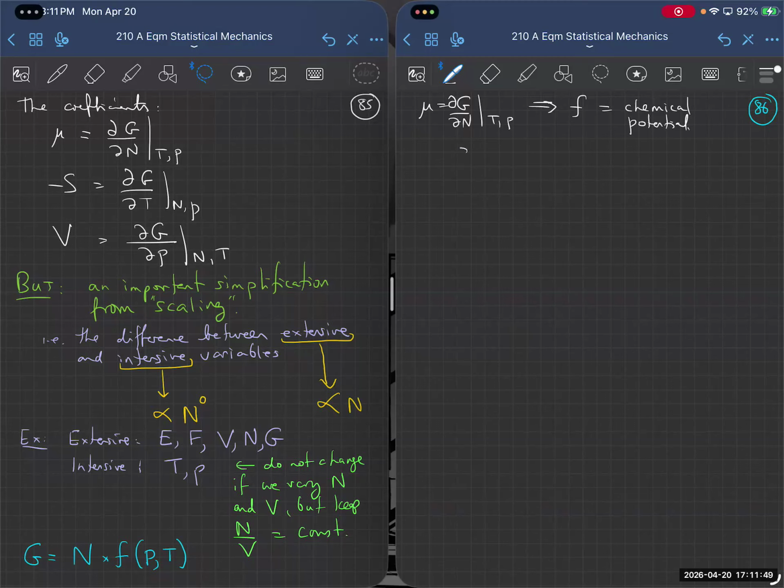And so what we've just derived is that G is equal to N times the chemical potential, which now must just be a function of pressure and temperature. Okay, so that's the basic thermodynamics.